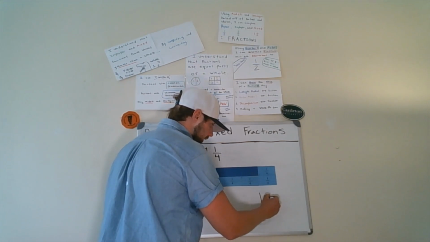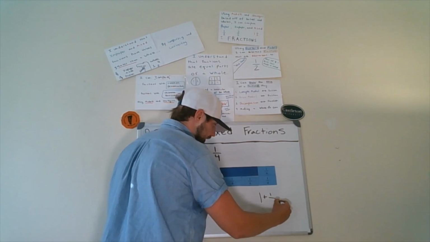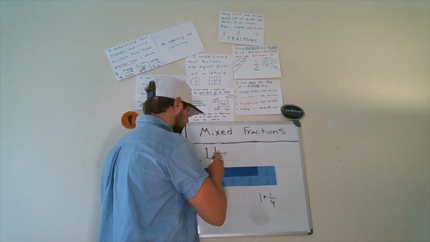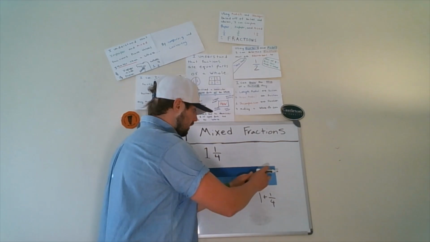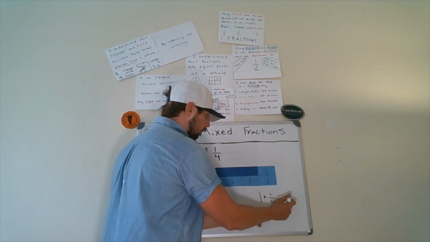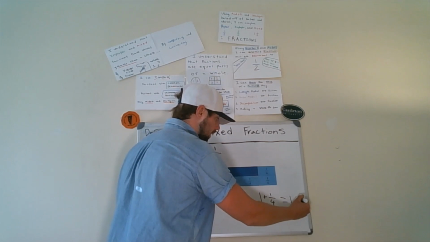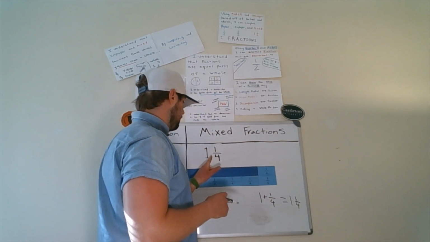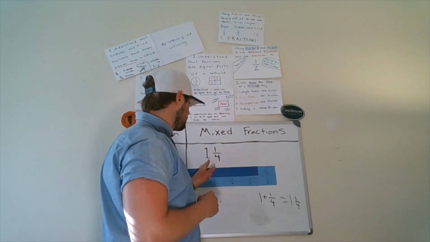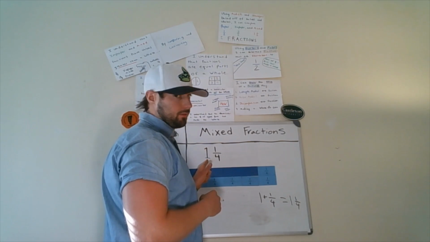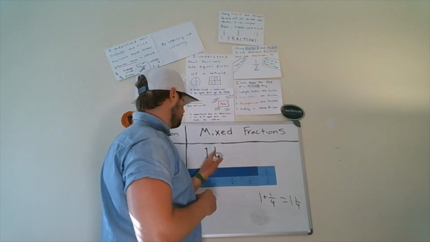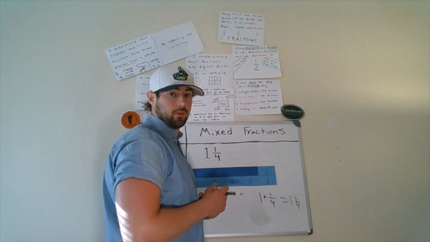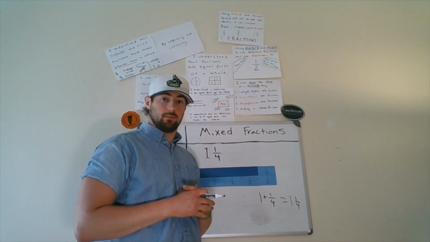So, and is like saying I'm adding that 1/4. 1 whole, a number, plus a 1/4 would equal 1 and a fourth. A number, an integer, which is a whole, not a fraction, and a proper fraction, 1/4, make a mixed fraction.